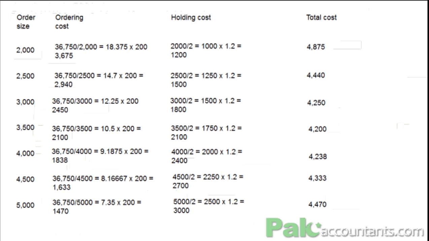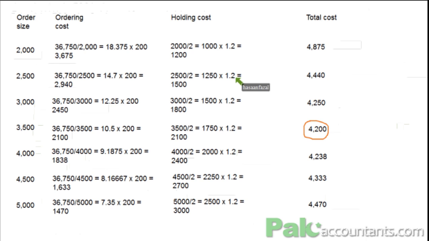Now if we look, what we do in the tabular method is we try to find an order size which gives us the least amount of cost, and this is the one which gives us the least amount of cost.